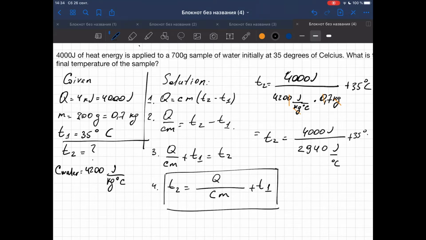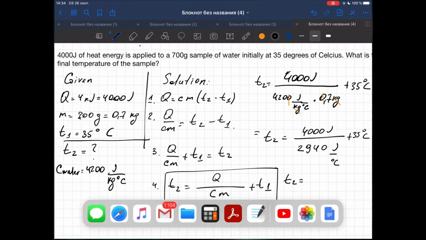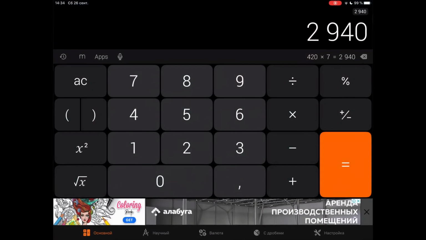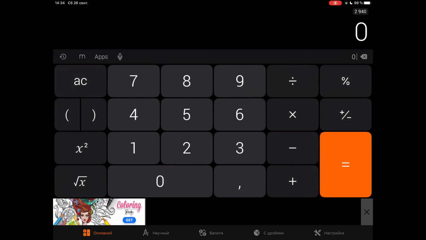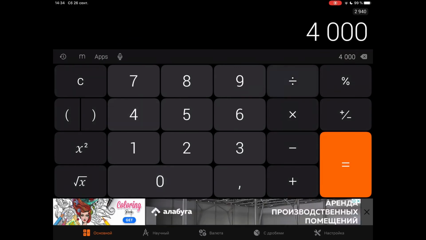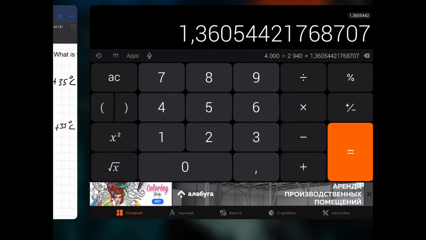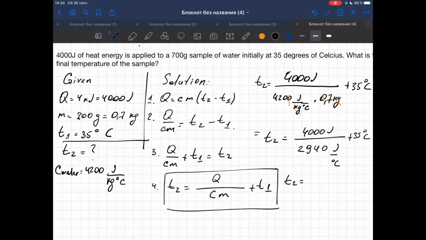Plus 35 degrees. So the second temperature is 4,000 divided by 2,940. The answer will be 1.36.